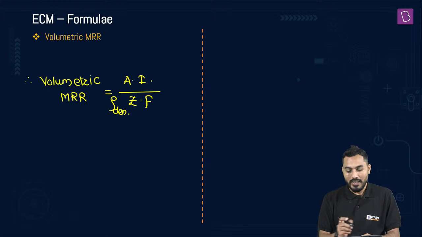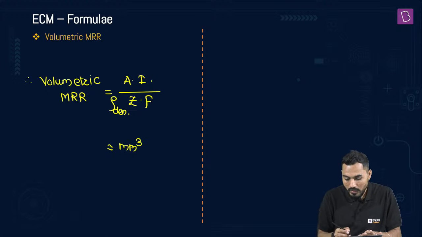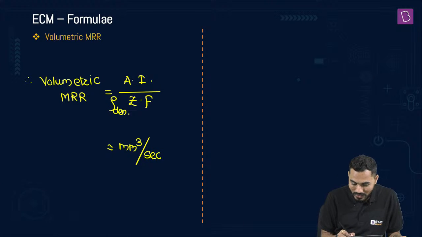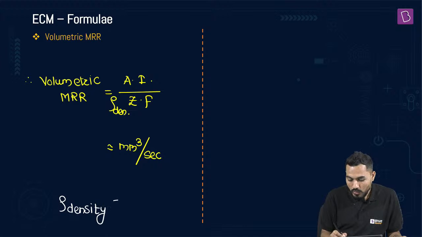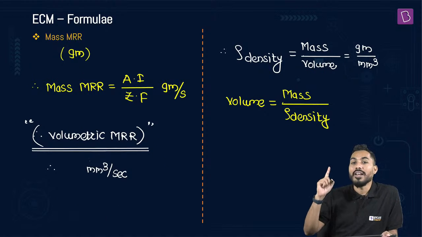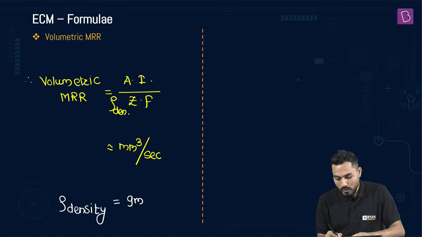But the point to understand is that whenever the answer comes here, volumetric MRR, the unit should be mm cube per second. And to calculate this answer in mm cube per second, please understand that rho, density, should always be put in the formula in the standard unit, and the standard unit is gram per mm cube.